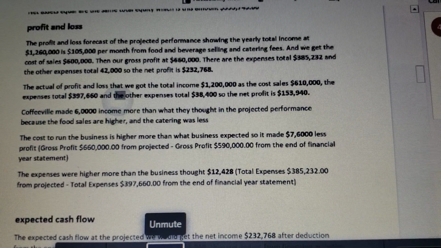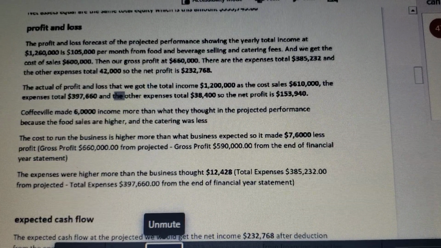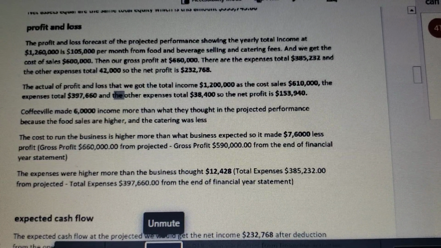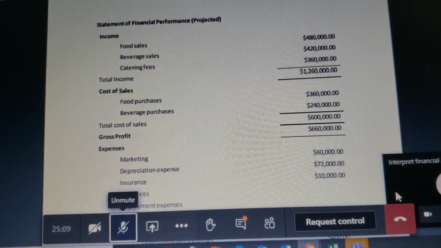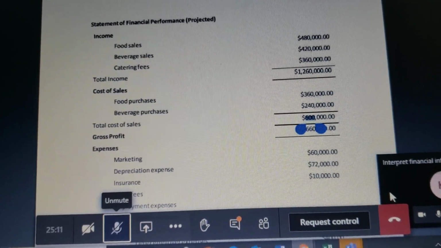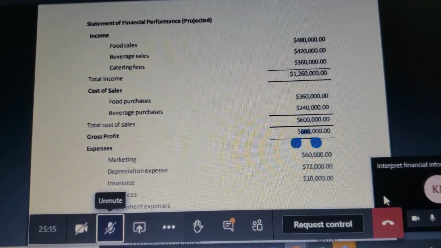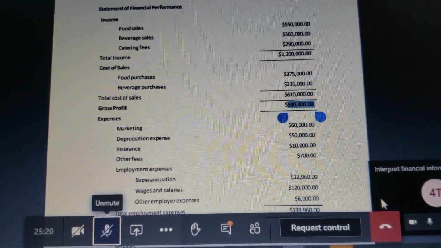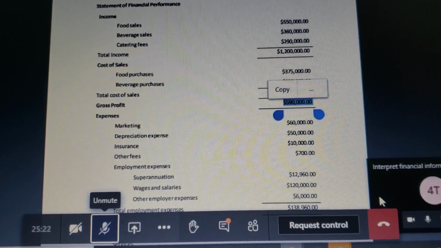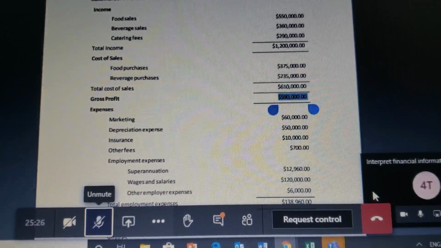So include in here somewhere that their gross profit is 590,000, where they thought it would be 660. Yeah? Sorry, this one. So they thought it would be this much, but it's only 590. So add that somewhere as well. So just kind of put it together, sum it up.